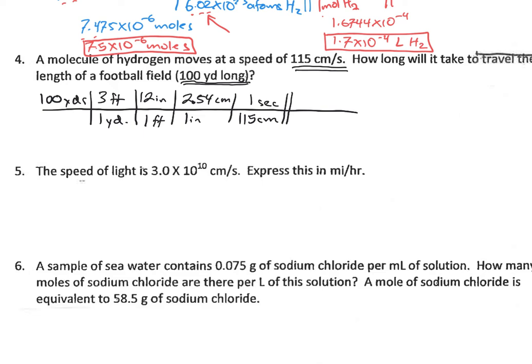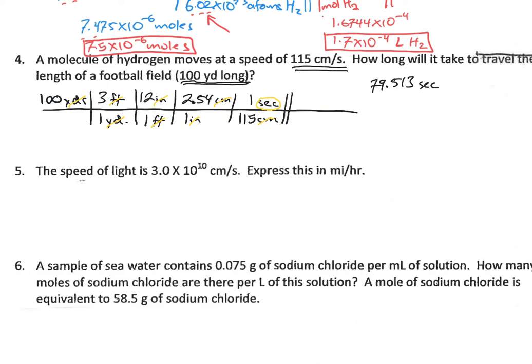And just to show you on this problem, let's cancel units: yards, top and bottom, feet, top and bottom, inches, centimeters. We're only left with seconds on top. If we were left with seconds on bottom, that would be an inverse, and that's not what we want. So if we calculate the final answer, we get 79.513 seconds in our calculator, but we need to round. 100 only has one significant figure.